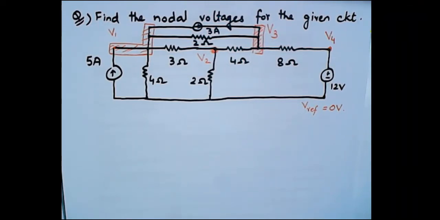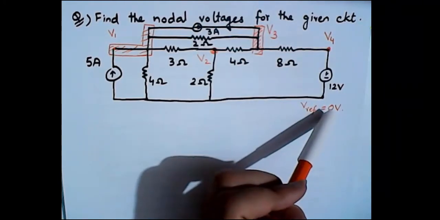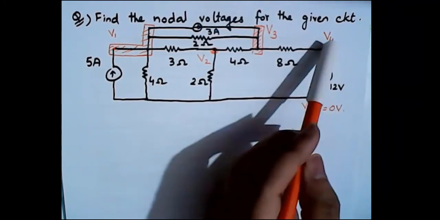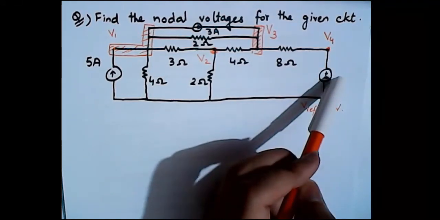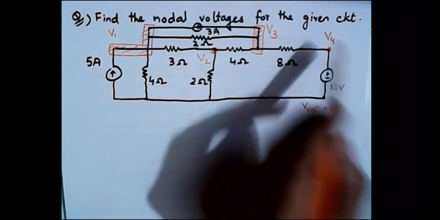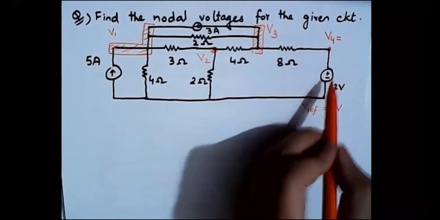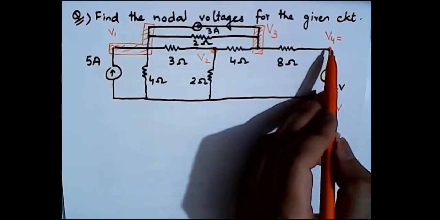So in this particular question, as you can see that here between V4 and V reference, a voltage source is connected, right? Which means between a reference node and a non-reference node, which means that the node voltage will become equal to how much? The positive terminal is connected to V4, right?